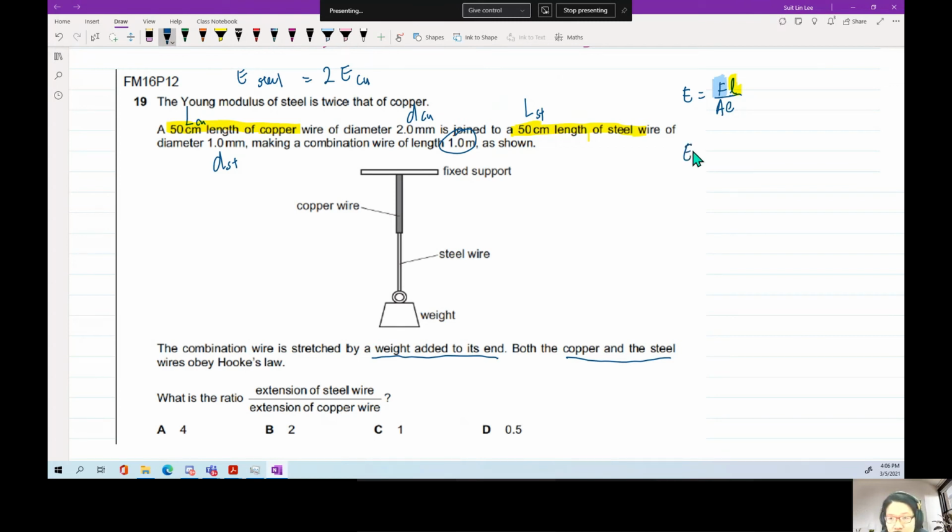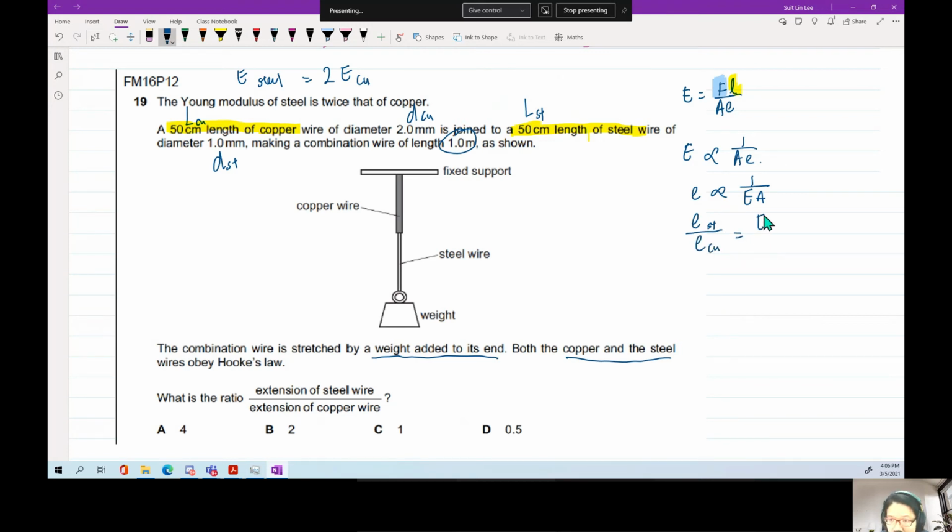Okay. So right now, I have extension is inversely proportional to Young modulus. I guess I can rearrange. I can say extension is proportional to 1 over Young modulus times area. So I want the extension of steel over the extension of copper.